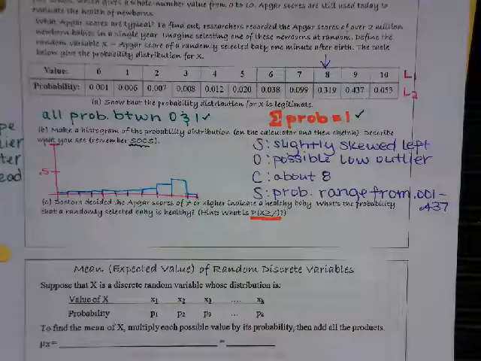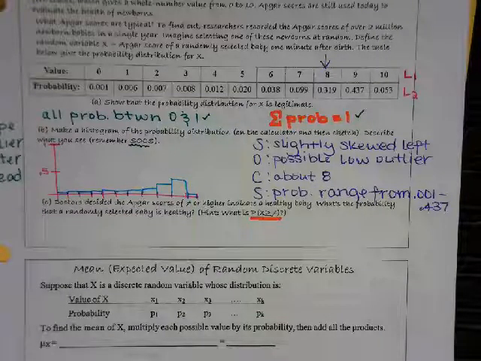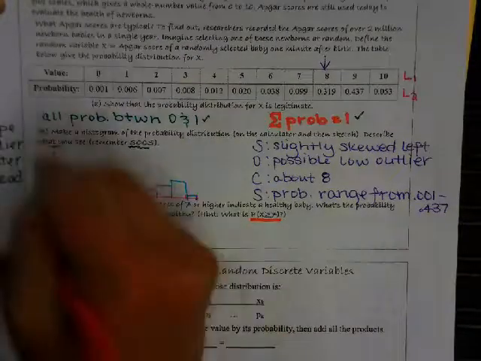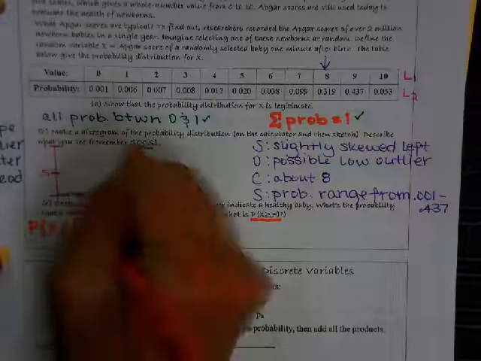We take the probability that it's equal to 7, and add all the probabilities that it's greater than 7.